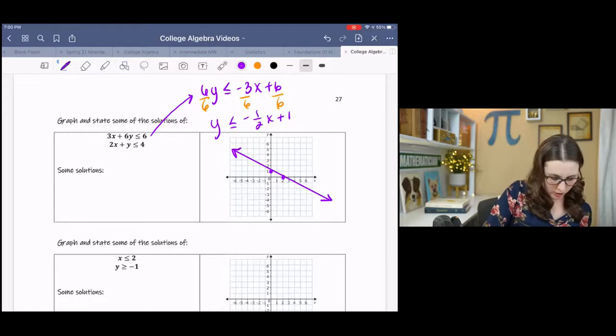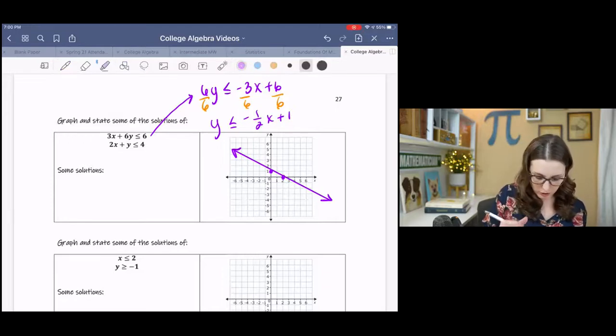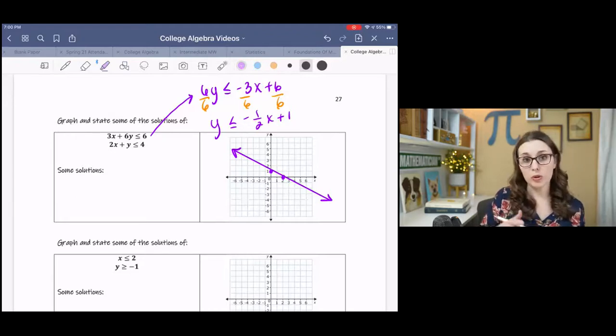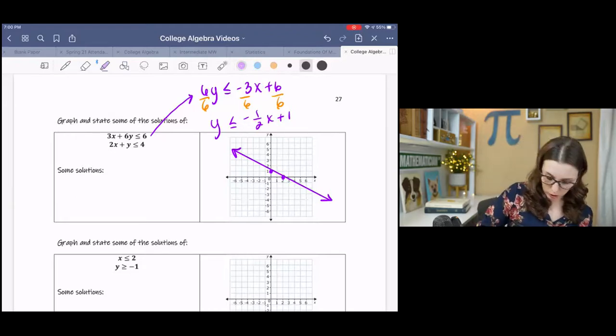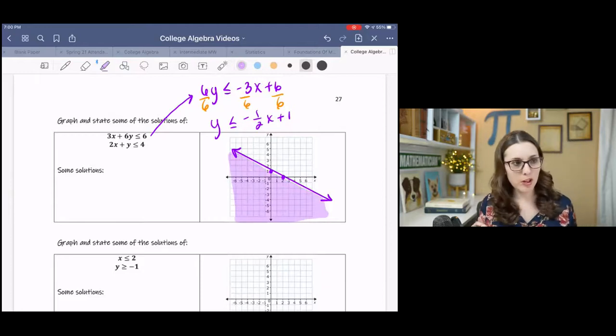I'll go ahead and shade because I have highlighters. I think it's easier if you have highlighters. We're shading the y values lower than, less than, or equal to this line. I'm getting a little messy, but you get my point here, hopefully. It doesn't have to be perfect. We just have to show that it is below the line.